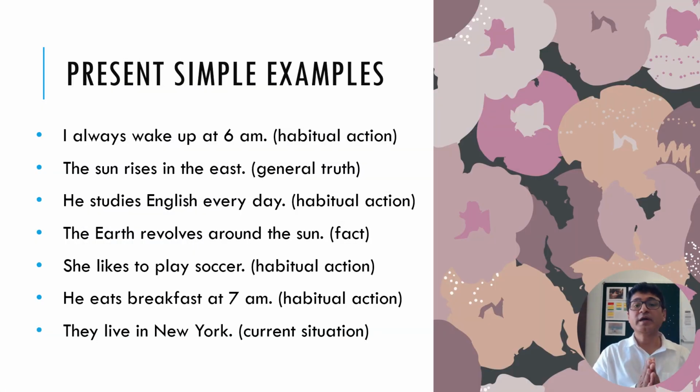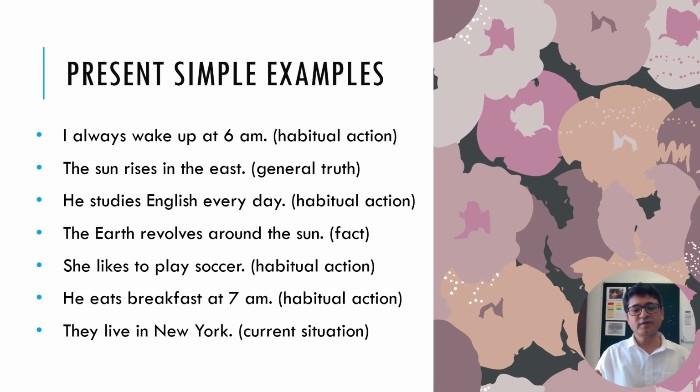I always wake up at 6 a.m. is a habitual action. The sun rises in the east is a general truth. He studies English every day, habitual action. The earth revolves around the sun, it's a fact. She likes to play soccer, it's a habitual action, or this is also a sentence that expresses preference.